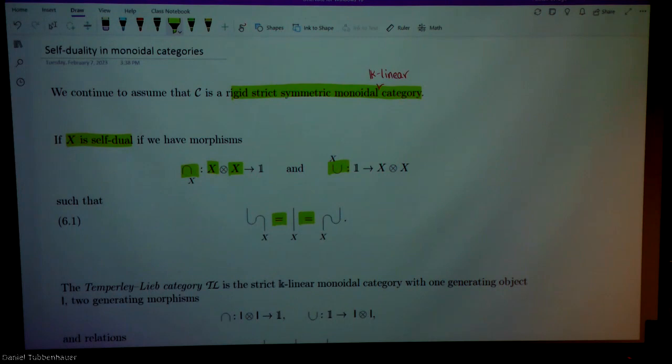And so we can define, just like we did before, we defined a universal category that had duals. That was the oriented Temperley-Lieb category. We can do the same thing, but now with an object that's self-dual, and we get the Temperley-Lieb category, which is actually more well-known. And this has one generating object.